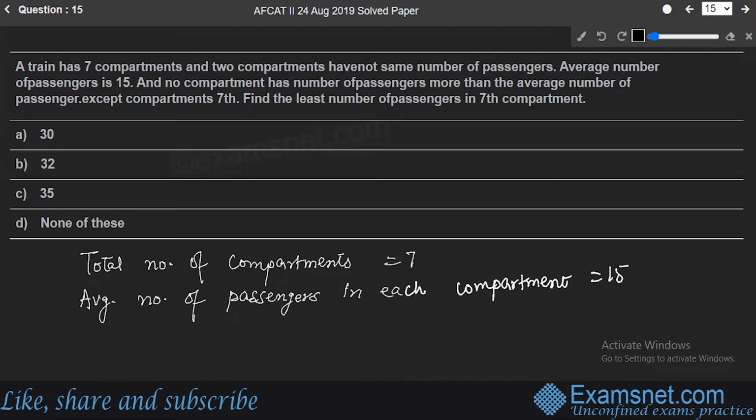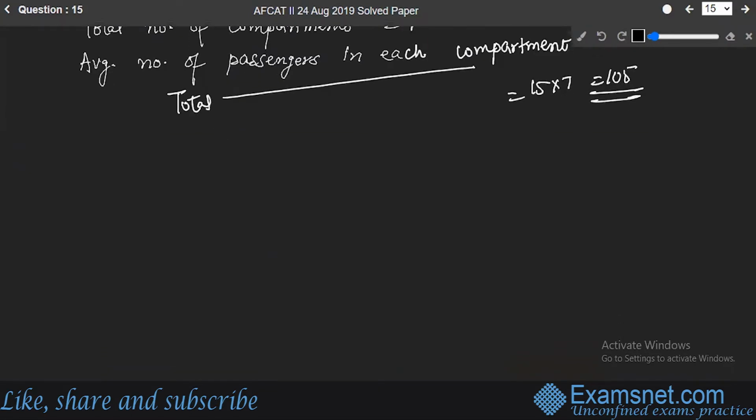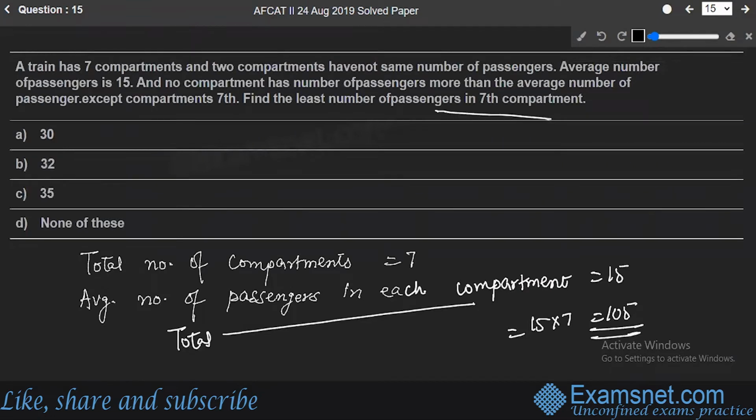So if the average is 15, that means total number of passengers, it will be 15 into 7, that is 105. So 105 total passengers are there. Now you want to have the least number of passengers in 7th compartment. If 7th compartment is having least number of passengers, that means the rest 6 compartments will have the maximum number of passengers. Okay, let's write down.